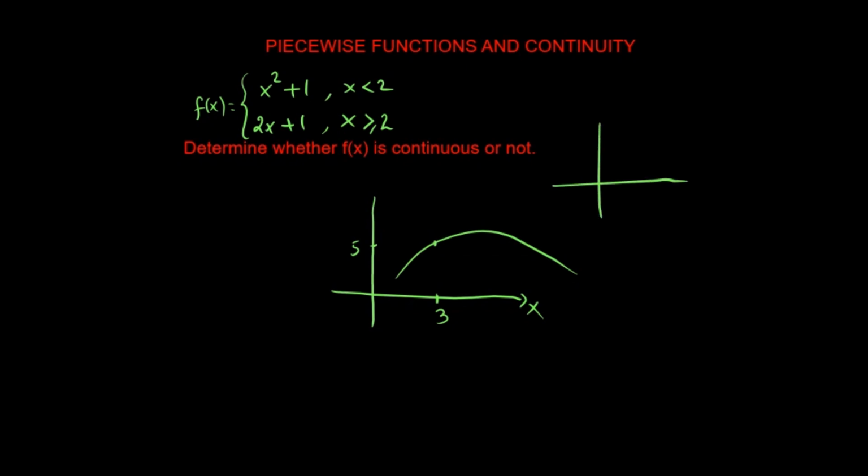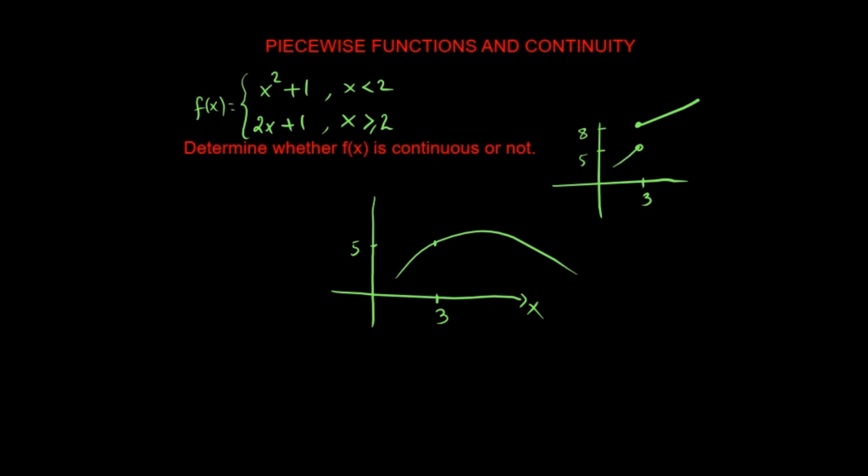In this situation, if we have this and this, if this is 3, let's say this is 5 and this is 8, right before the function becomes 3, the value is right here. It's 5. So right before 3, the function is 5.